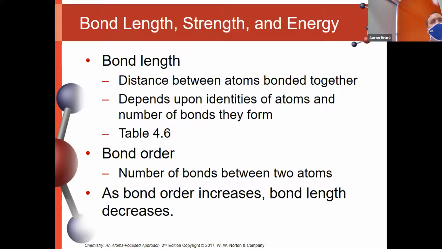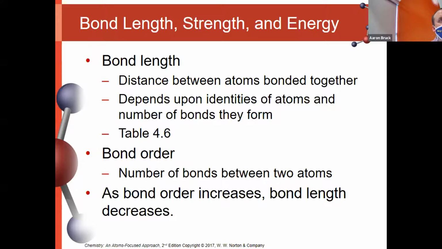After all, a covalent bond is the attraction between the shared electrons and the nucleus of the atoms that are sandwiching them, essentially. The more electrons I put in the middle, the more attractions are going to be present. So a triple bond is going to be more attractive than a double bond. A double bond is going to be more attractive than a single bond.